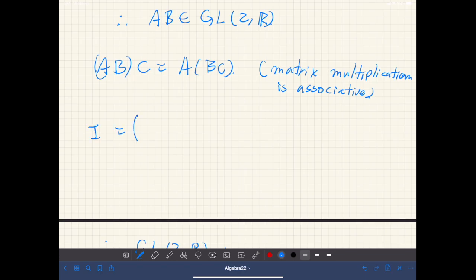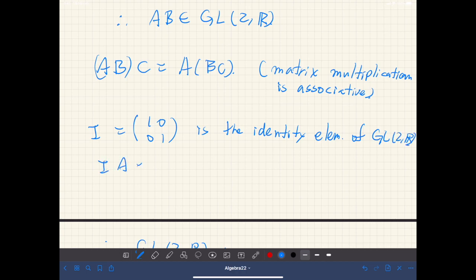And the identity element is the identity matrix of GL2(R).